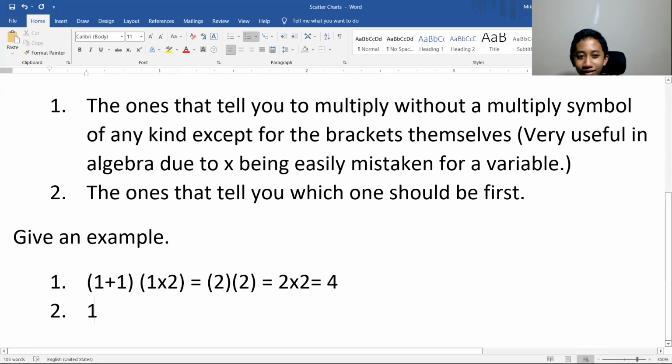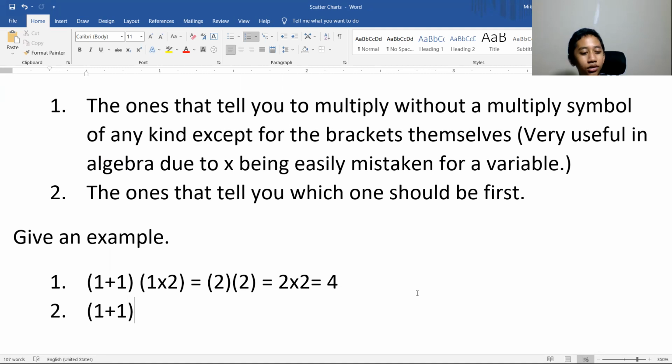Next one. Brackets 1 plus 1. Now if it is outside, then it's 1 of this multiplied, and then just the space there, then times 3. But then you have something else here: 1 plus 1 plus 2 times 3.